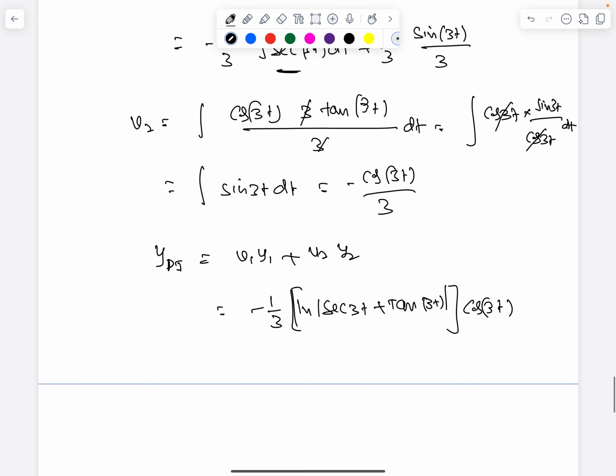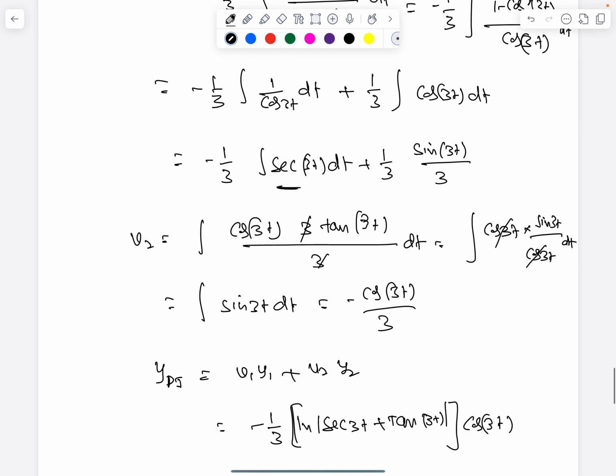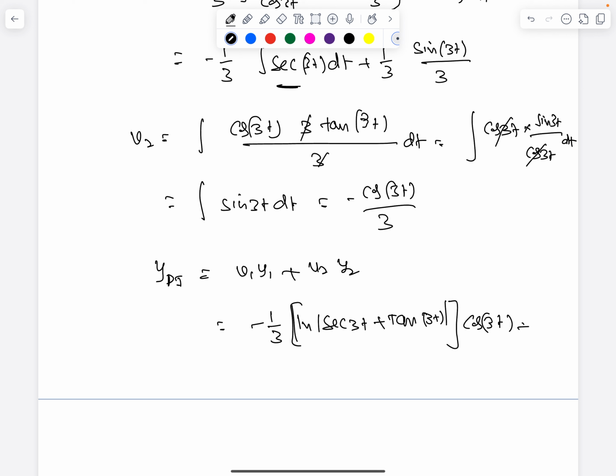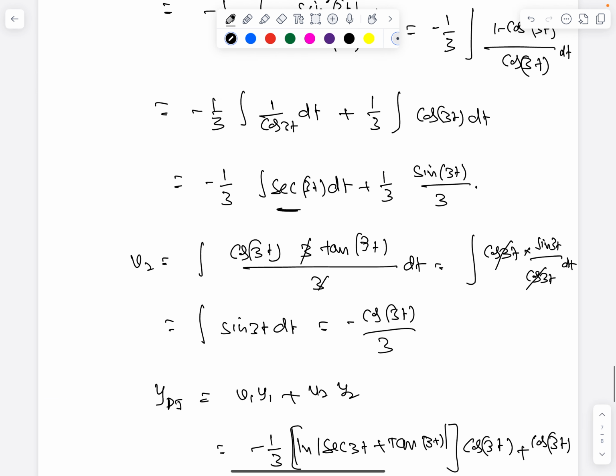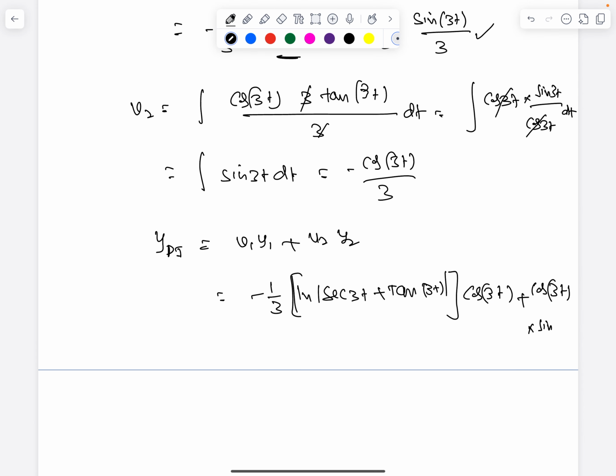Similarly you have an additional term, plus cos 3t, which is y1, multiplied by sin 3t divided by 9, plus y2, where y2 is sin 3t, but v2 is minus cos 3t divided by 3.